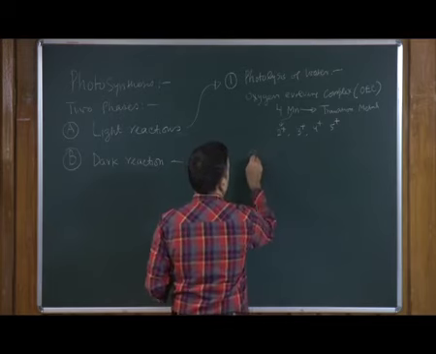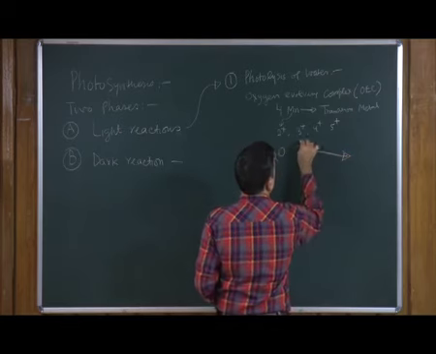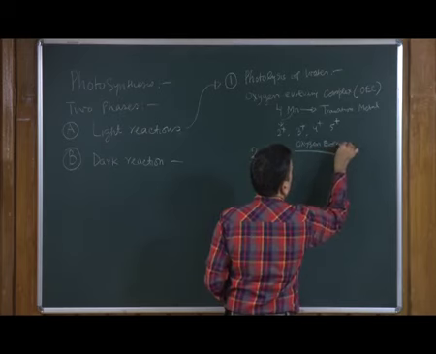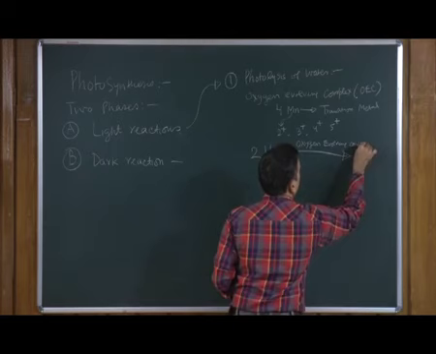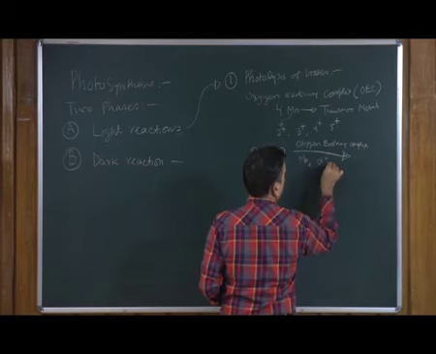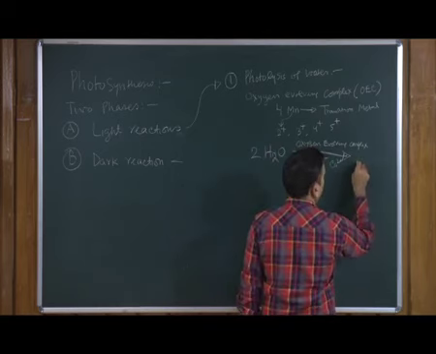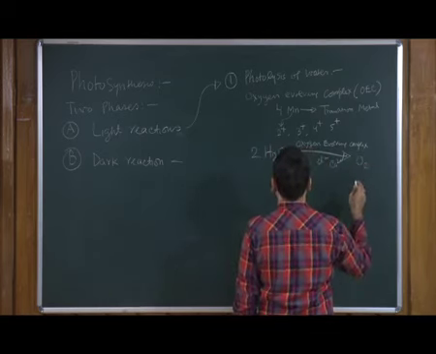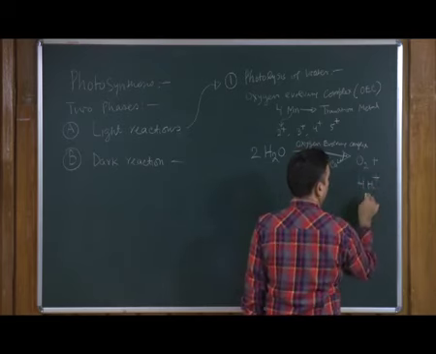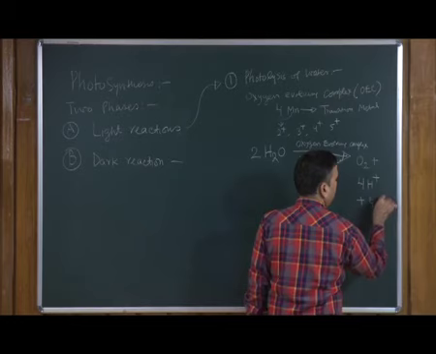So the reaction that is happening is this: oxygen evolving complex, manganese, chloride and calcium, and as a result you have a molecule of oxygen and 4 molecules of proton, and what else do you have? You have 4 molecules of electrons.